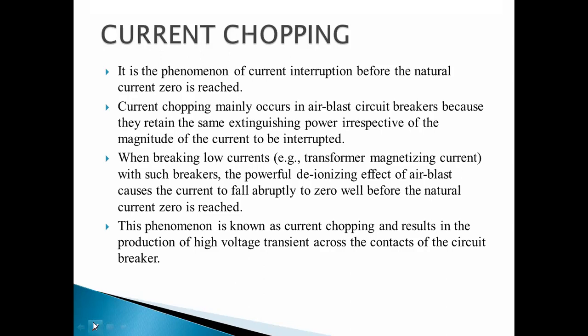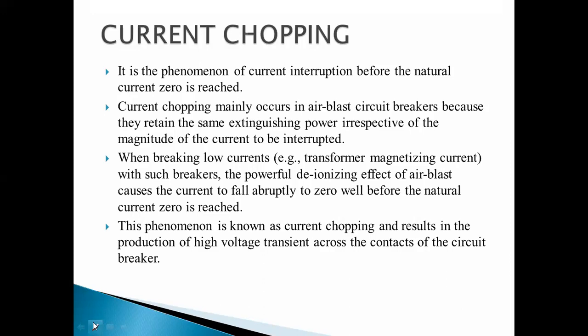When we use a circuit breaker, for example the air blast circuit breaker, the current should become 0 at the natural current 0 point, but due to the air blast circuit breaker, the current becomes 0 before the 0 point only.